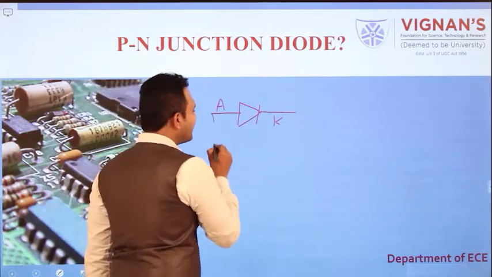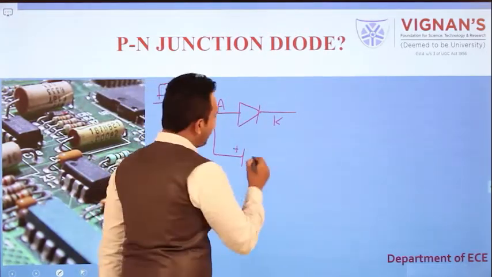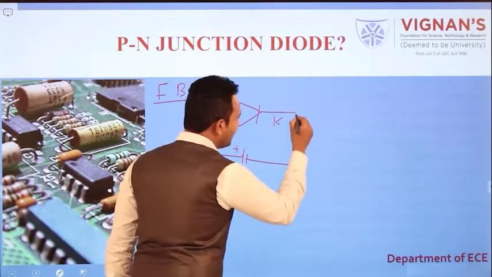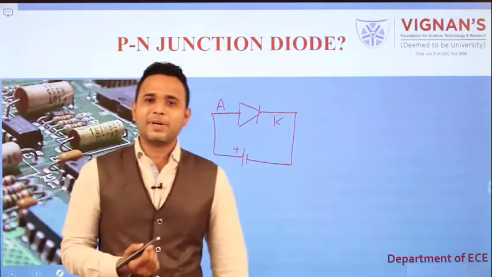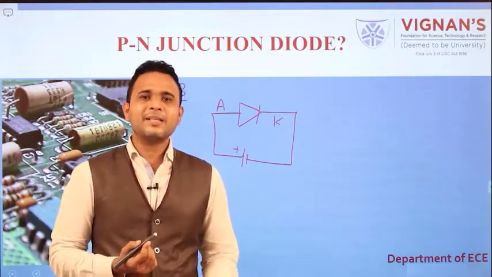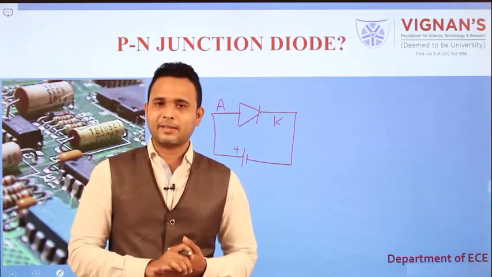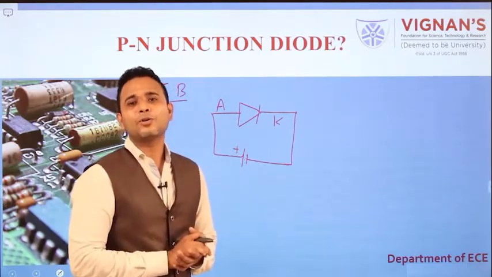When the anode is connected to the positive terminal of the battery and the cathode is connected to the negative terminal of the battery, this bias is named the forward bias. In this bias, how will the diode act? In this bias, the diode acts as a closed switch.